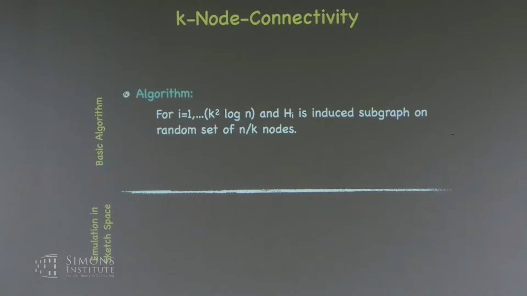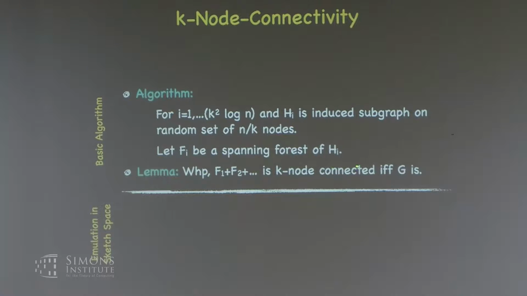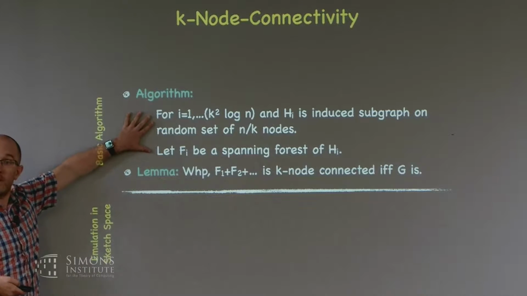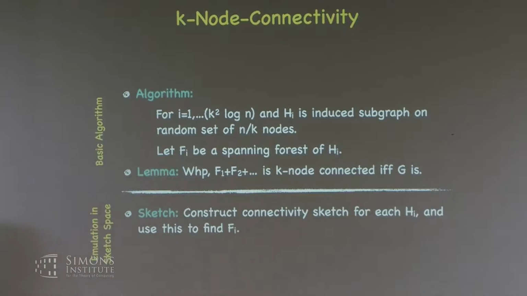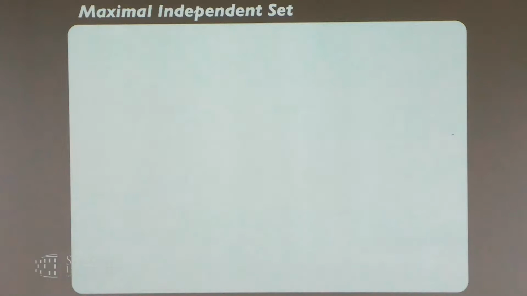The algorithm is of the following form: given a graph, subsample a bunch of nodes to find an induced subgraph, and find spanning forests of those induced subgraphs. Plugging them all together, you can argue that the result is k-node connected if and only if the original graph G is. If you're able to write your algorithm in this sort of form, then you can emulate it in sketch-based form.